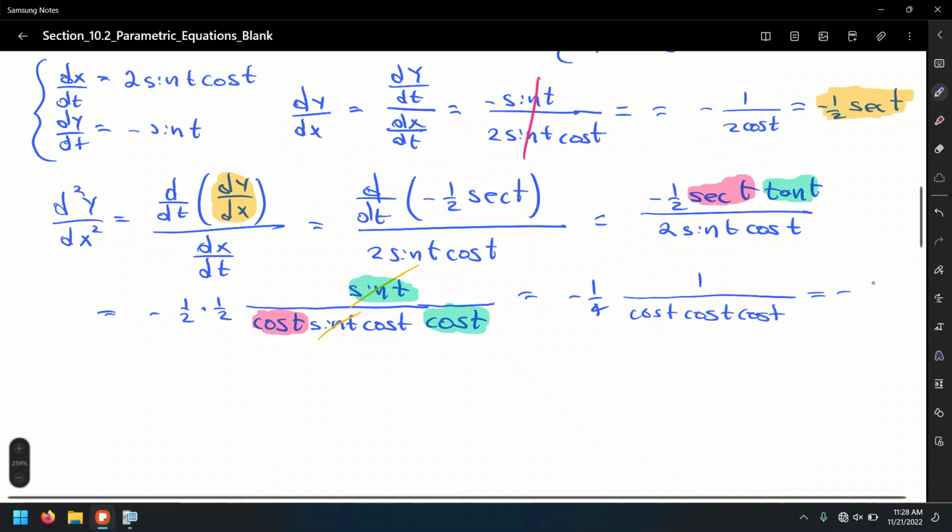That's essentially negative 1 over 4 cosine cubed t. Well, we can leave it like this, or we can write it in a nicer way. We can move this cosine in the denominator to the numerator as negative 1/4 secant cubed of t. And that's the final answer.